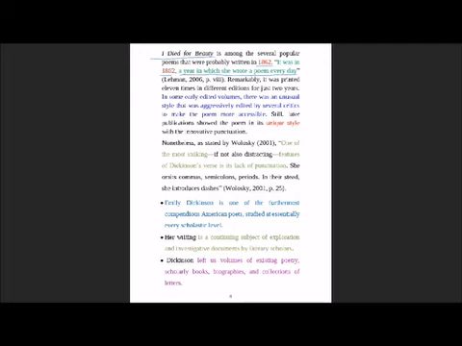Remarkably, it was printed 11 times in different editions for just 2 years. What is it? I Died for Beauty, our poem under study. In some early edited volumes, there was an unusual style that was aggressively edited by several critics.